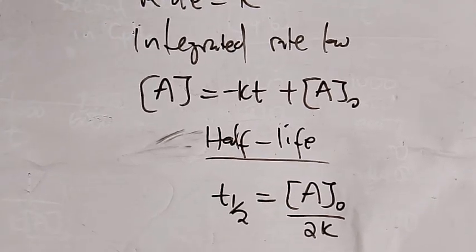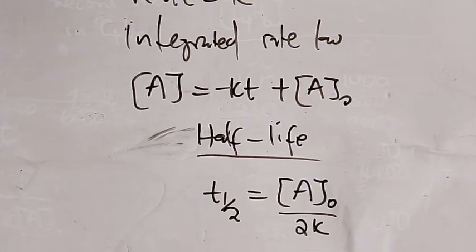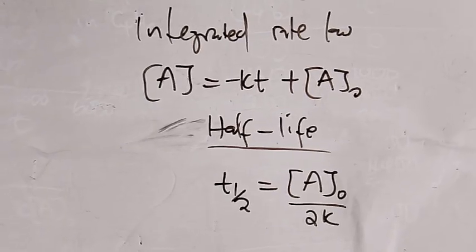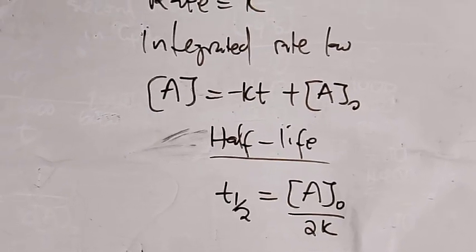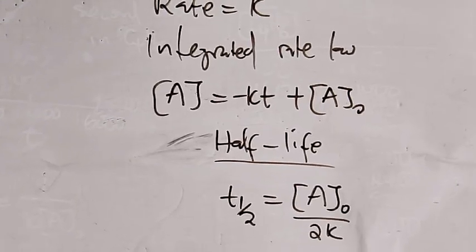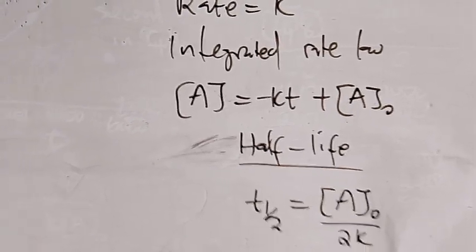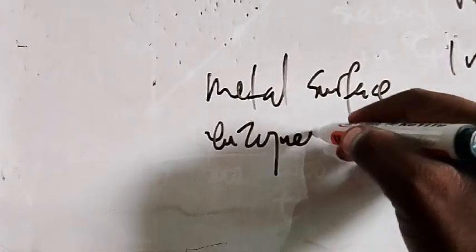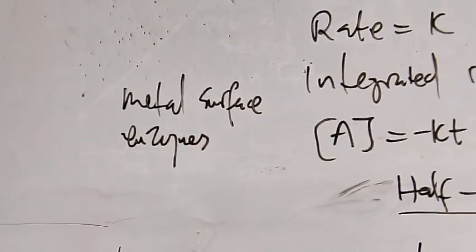Okay, so zero order reactions are often encountered when a substance such as a metal surface or an enzyme is required for the reaction to occur. So reactions which require a metal surface, or enzymes, most of these are zero order reactions.